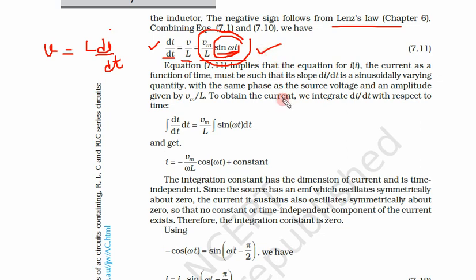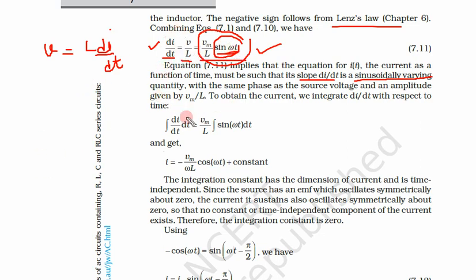Current may not be sinusoidal, as we will see later, but the change in current is. The slope di upon dt is a sinusoidally varying quantity, with the same phase as the source voltage. Again, this is not current, this is change in current.